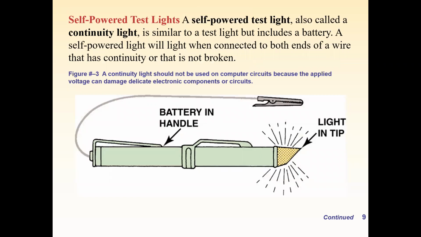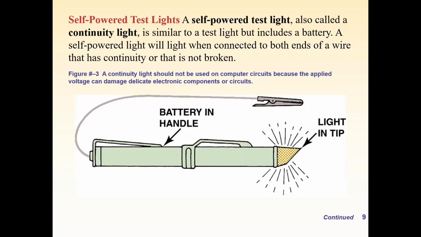Now there is another type of equipment that we call a self-powered test light. It is also called a continuity light. It is similar to the test lamp, but it includes one battery, and that battery is used to power the bulb.